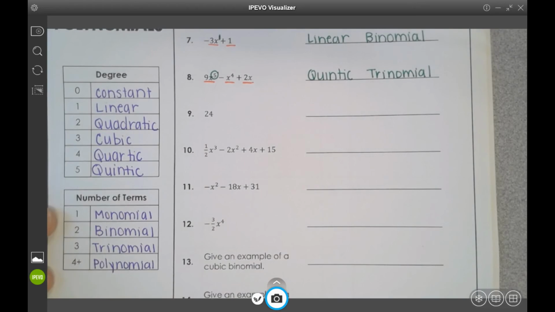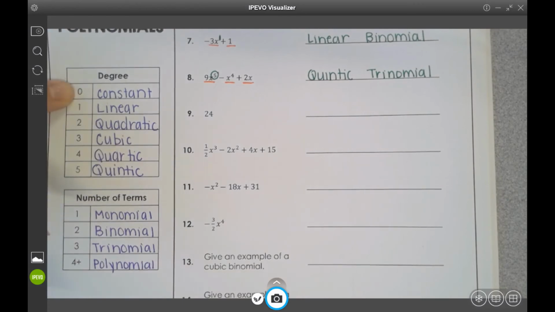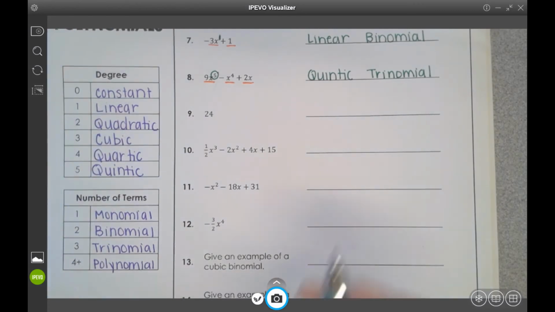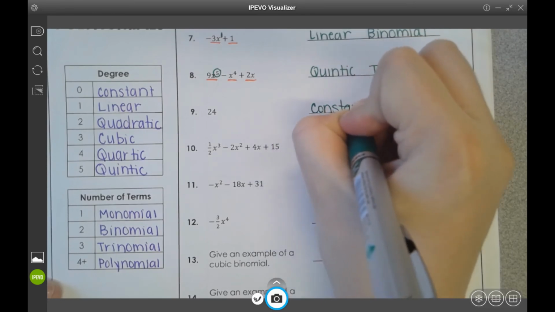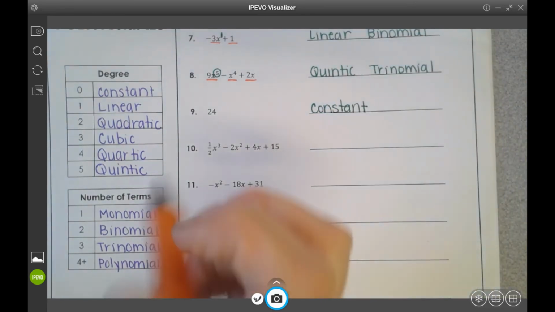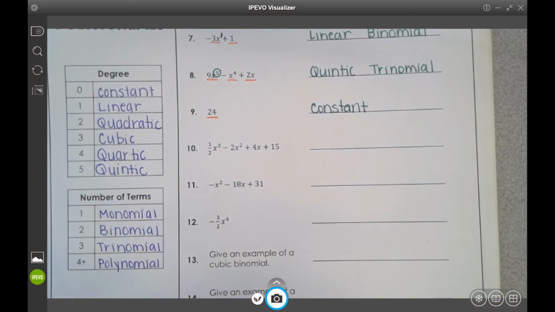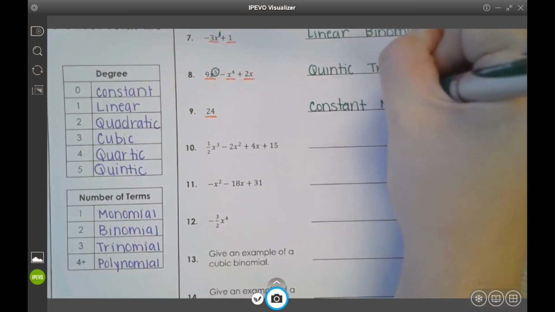Now number 9 is just a plain number. There's not an x at all. So that would be a degree of 0. So it is a constant. And it's only one term. Monomial.